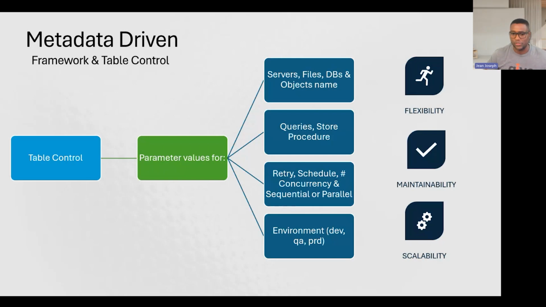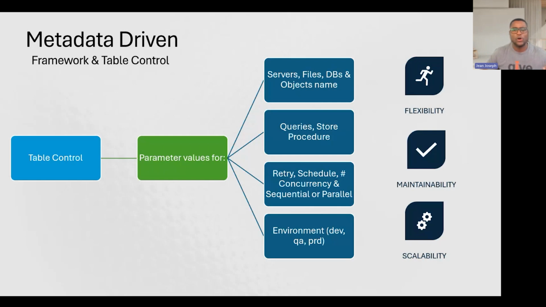This is what a framework is all about, right? Because metadata driven is a method of data processing where the metadata drives the processing of the data. In a metadata driven data pipeline, a control table is used, and that control table contains information about how the execution of your pipeline should be done. It will drive that execution.